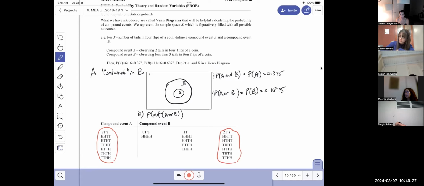And the probability of not A or B is the outside, which is equal to 1 minus the probability of A or B, which is 1 minus 0.6875, which is 0.3125. Or it's a 3, sorry.